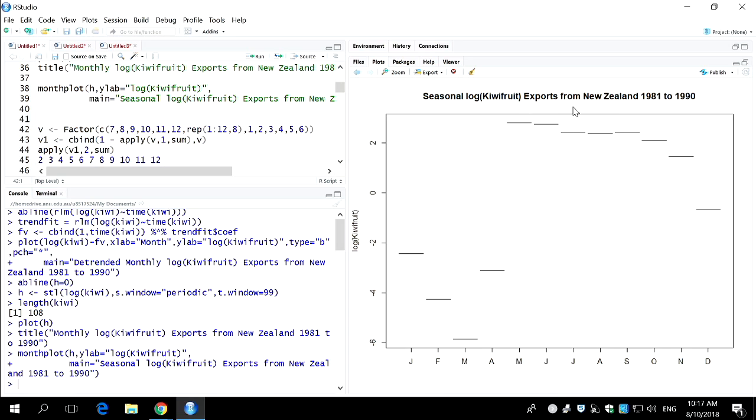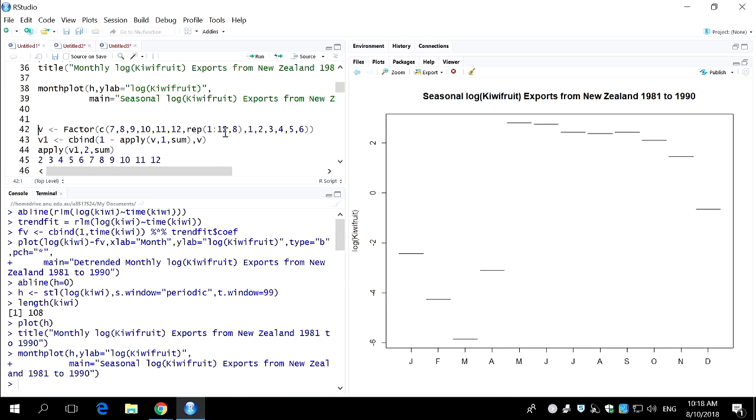What's going on there? Well, that'll be the non-growing season. That's when things aren't happening, which is winter in the southern hemisphere, basically. Kiwi fruit aren't growing, and so you could fit a single flat constant across May, June, July, August, September, October, that 6-month period. Then you've got November, December, and December has started to come down.